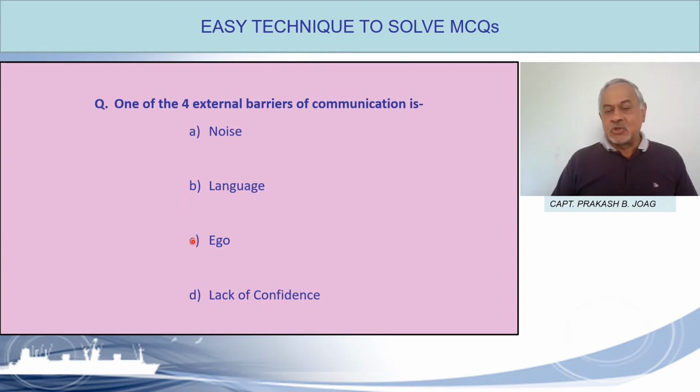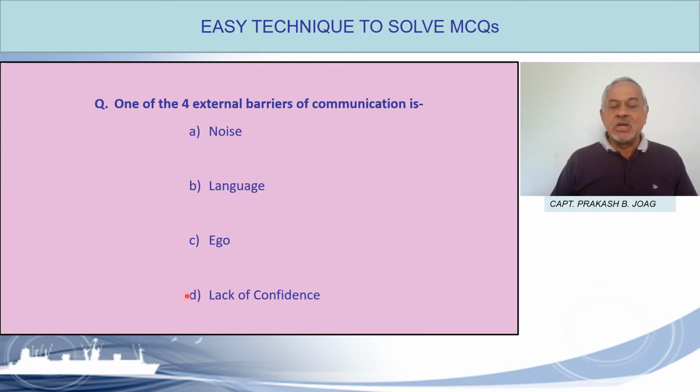Ego is also, as we discussed in the last question, an internal barrier, because if you have ego, it will not allow you to communicate with the other person. And the fourth one is lack of confidence. If you are not confident, if you are not feeling good to speak with the other person, this is also your internal feeling.